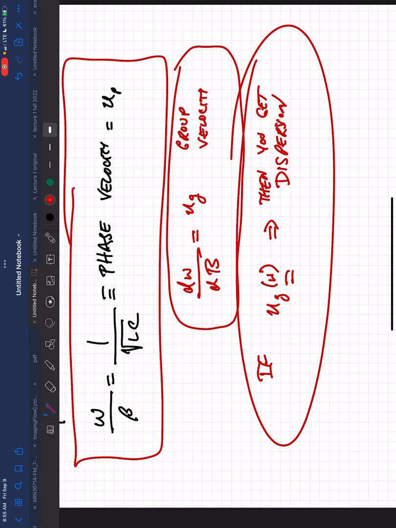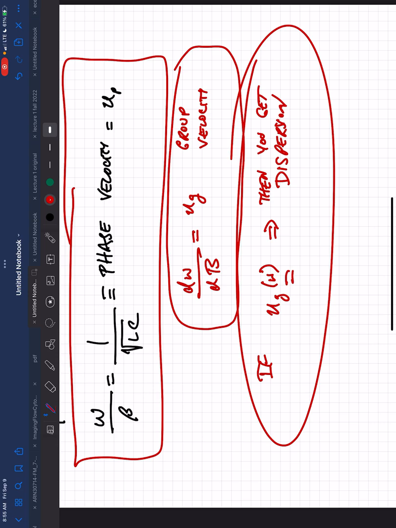Dispersion means a cosine wave at 100 megahertz travels at a different speed than a cosine wave at 200 megahertz. Different frequencies move at different speeds, which is a bad thing. Dispersion sucks, because you always get it.